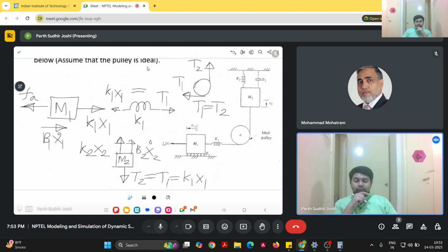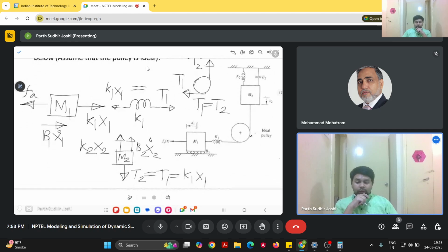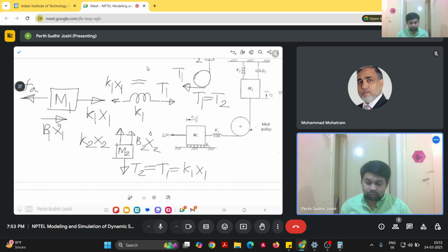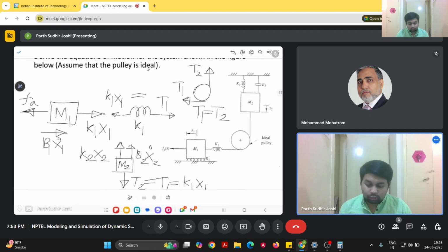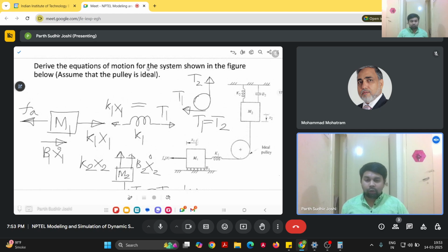So these are the free body diagrams for all the masses. And if the pulley was not massless or not frictionless, then we would have to write down the equation for torque due to friction, the torque that is created because of the friction in the pulley.